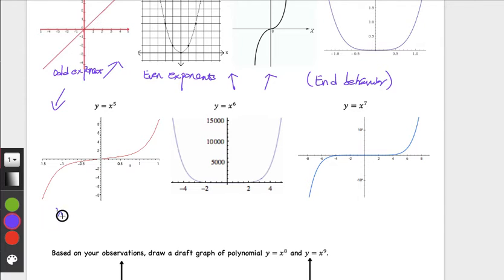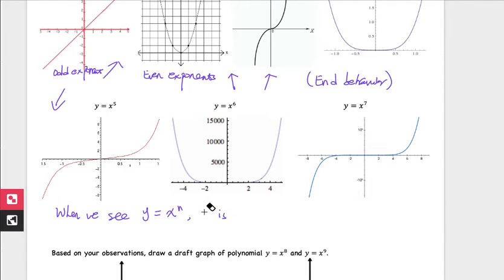So when we see y equals x to the n, by the way, n just represents the number of the exponent.